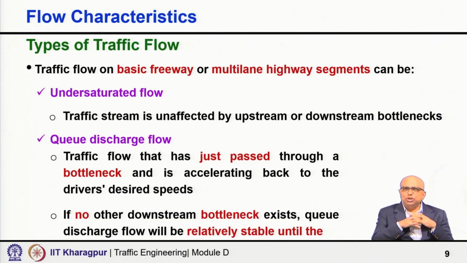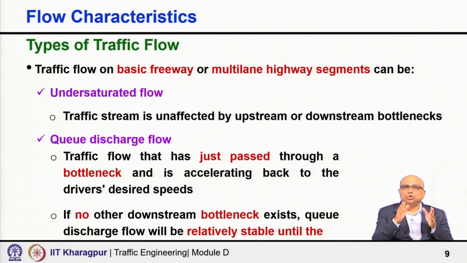Second, queue discharge flow: traffic flow that has just passed through a bottleneck and is accelerating back to the driver's desired speed. That flow state we will call queue discharge.